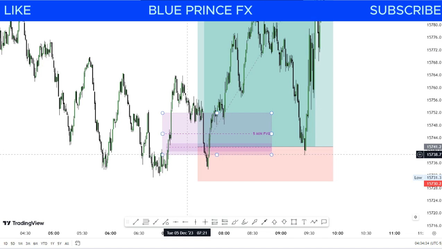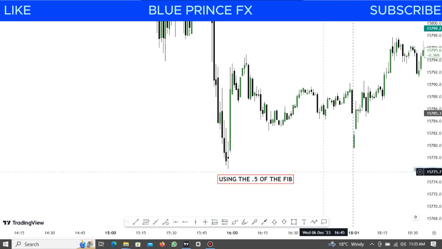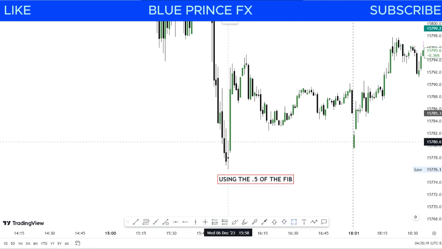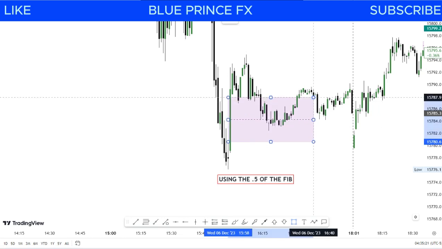So let's go to the next example. In our next example, we're going to be using the 0.5% to refine our entry even further. We have a fair value gap here, which is our entry trigger. We have a fair value gap here, and you can see how large it is. If you enter here and target up there, you're going to have to put your stop loss below this low, which is going to be a large drawback. So if you want to use the 0.5%, you use the 50% of the fair value gap.